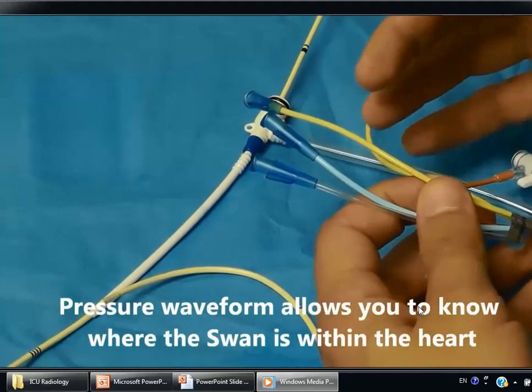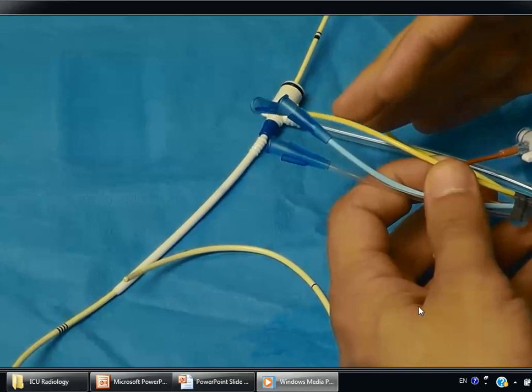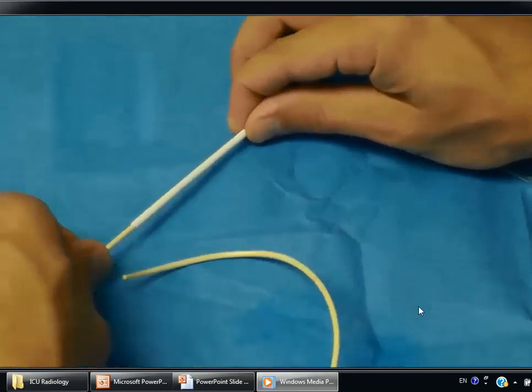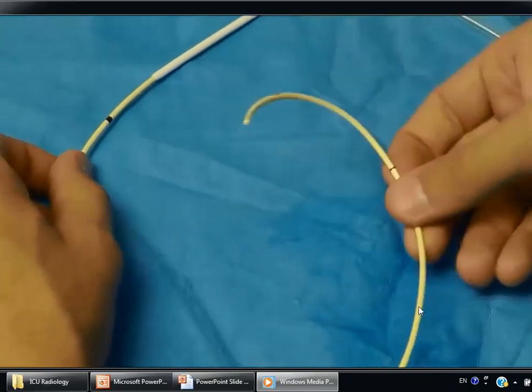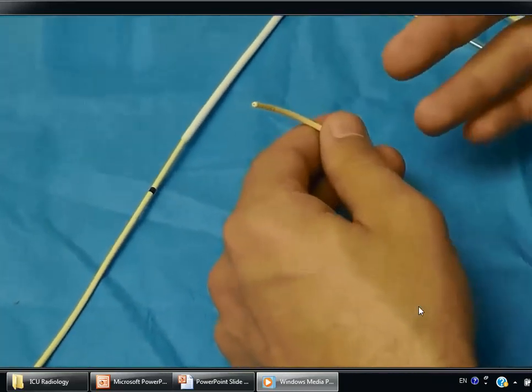Because the right atrium, the right ventricle, and the pulmonary artery each have a distinct waveform. So if you keep advancing this and all you see is a right ventricular waveform, you're most likely coiled up, and so you're going to need to deflate the balloon and pull back and try again.